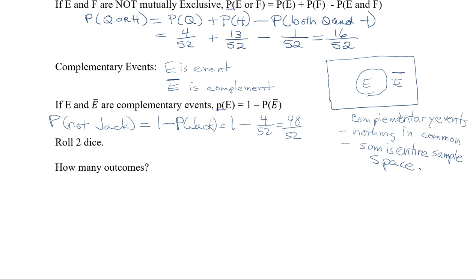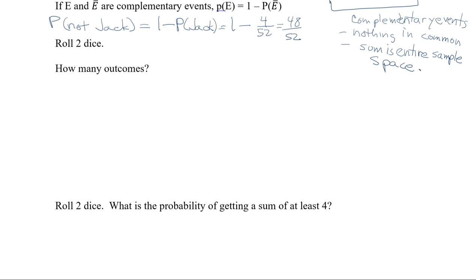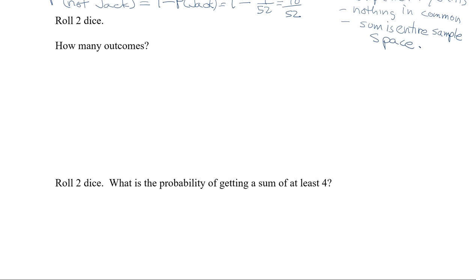Now, in addition to talking about complementary events, sometimes we look at rolling 2 dice, instead of a single die. And when we look at rolling 2 dice, we ask how many outcomes there are. Well, on the first die, there are 6 outcomes.